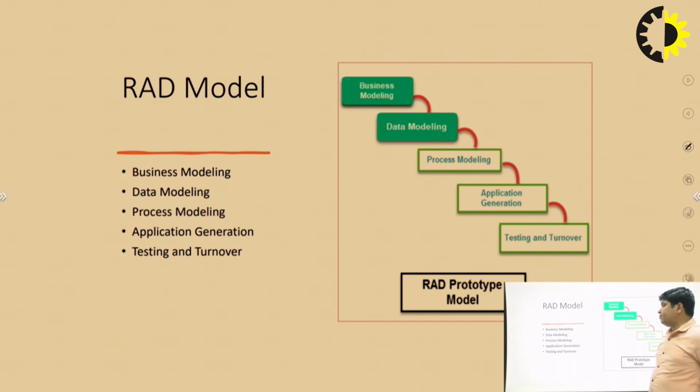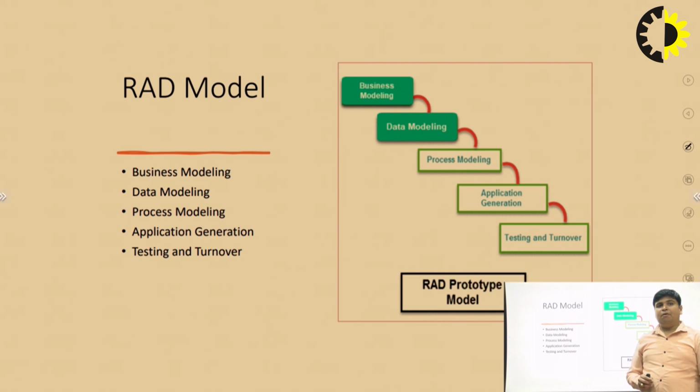RAD model. So these are the phases of the RAD model. First phase is business modeling, then data modeling, then process modeling, then application generation, and last one is testing and turnover.